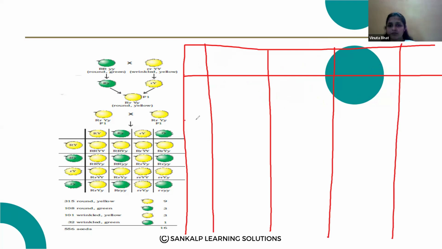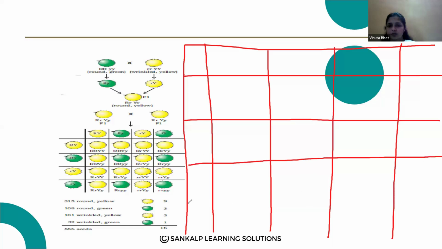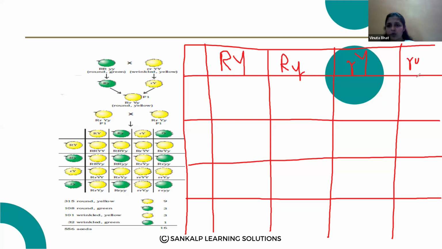Then 1, 2, 3, 4 here. Okay, I will write the gametes here. Capital R, capital Y, capital R, small y, small r, capital Y, small r, small y. Okay, here also in this row also. Capital R, capital Y, capital R, small y, small r, capital Y, small r, small y.